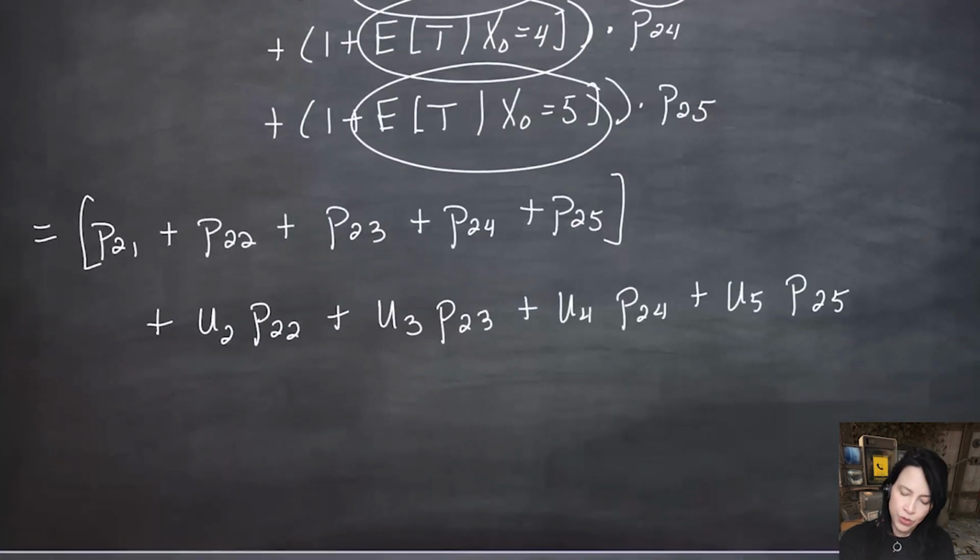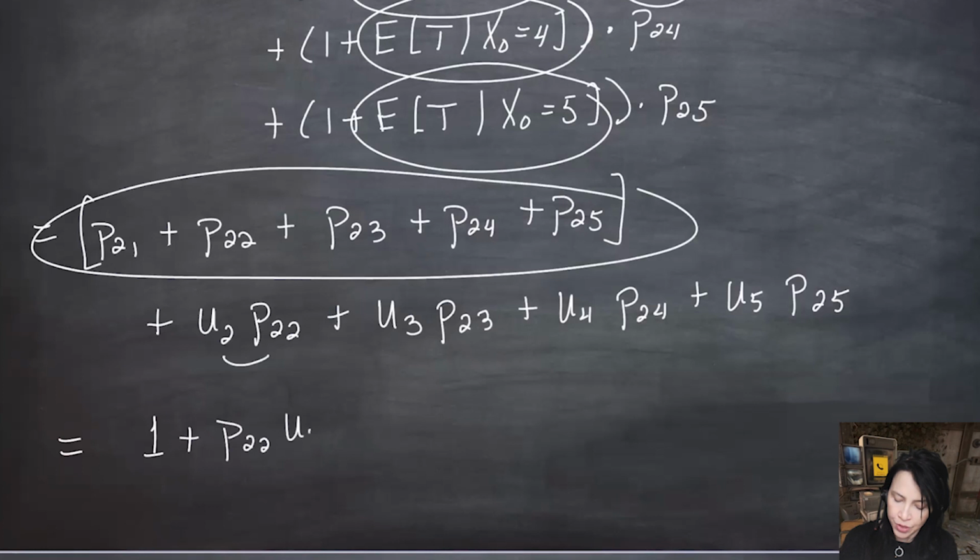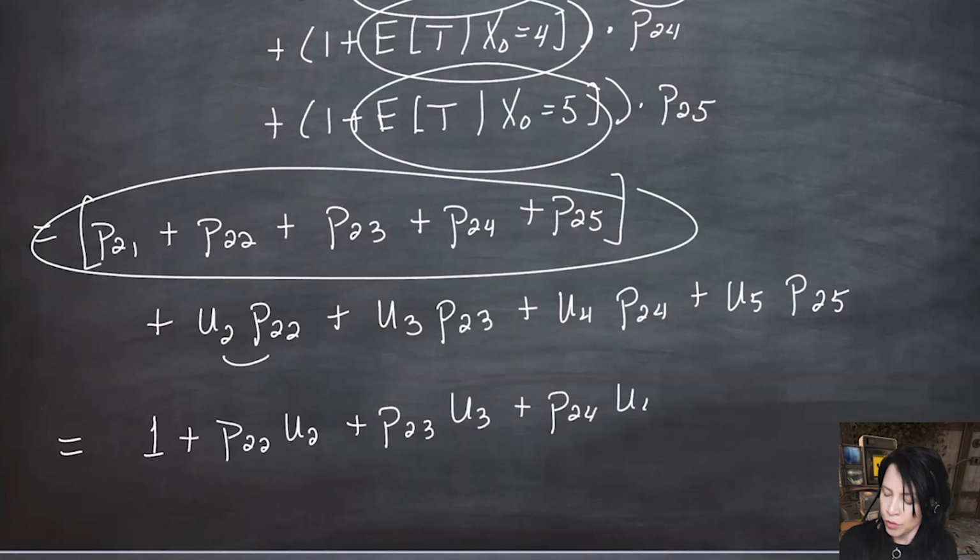And those probabilities that I have up here, that is summing across the second row of the probability transition matrix. From state 2, you have to go somewhere, even if it's back to state 2. So those sum up to 1. So we get 1 plus p to 2, u2 plus p to 3, u3 plus p to 4, u4 plus p to 5, u5.